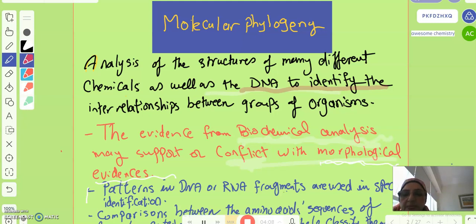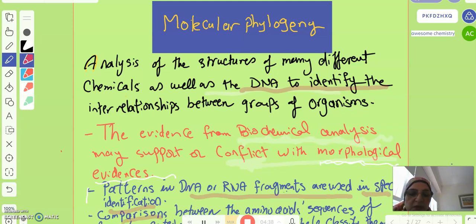Okay, patterns in the DNA or RNA fragments are used in species identification. We also explained in the last lesson that the scientists analyze the DNA or RNA fragments by studying the patterns in these fragments, like the VNTR, variable number tandem repeats. The scientists have been using this in identification of living organisms.